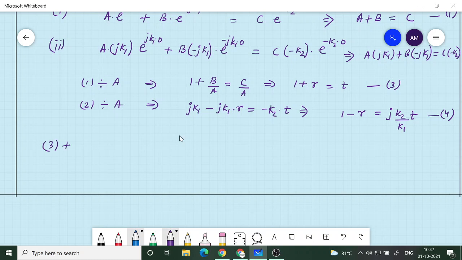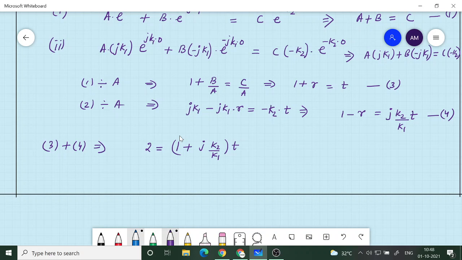Okay, 3 plus 4, if I do, I will get 2. Minus r and plus r will cancel, and 2 is equal to 1 plus j k2 by k1 into t.